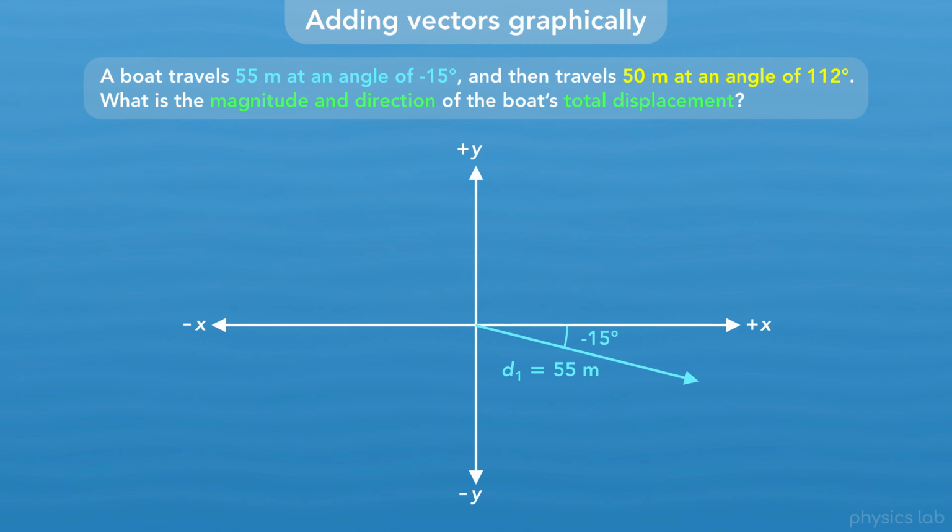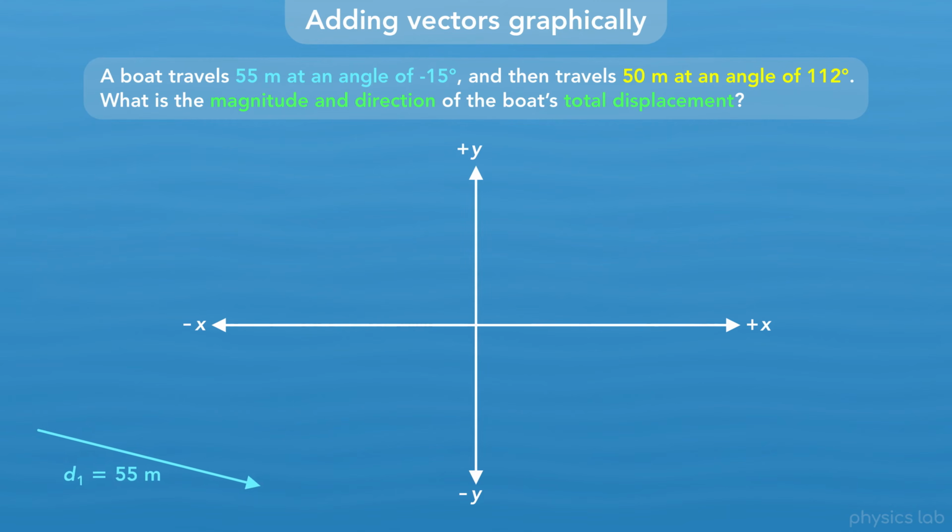That's the conventional way to describe angles, but the question also could have said this vector is 15 degrees below the positive x-axis. Obviously, we can't draw an arrow that's 55 meters long, so just draw an arrow that's large enough so we have enough room to label the magnitude, angle, and maybe the components.